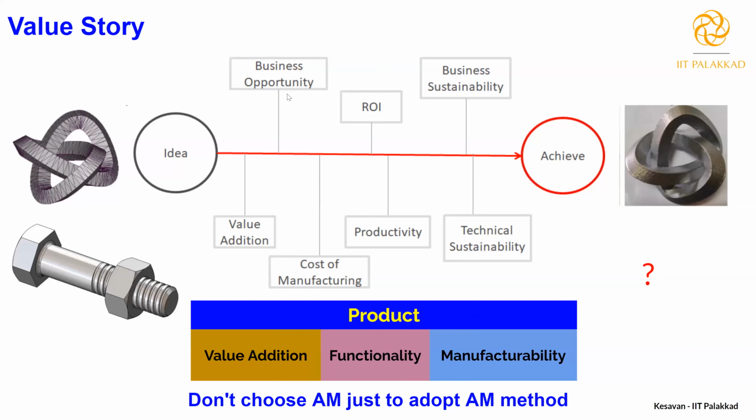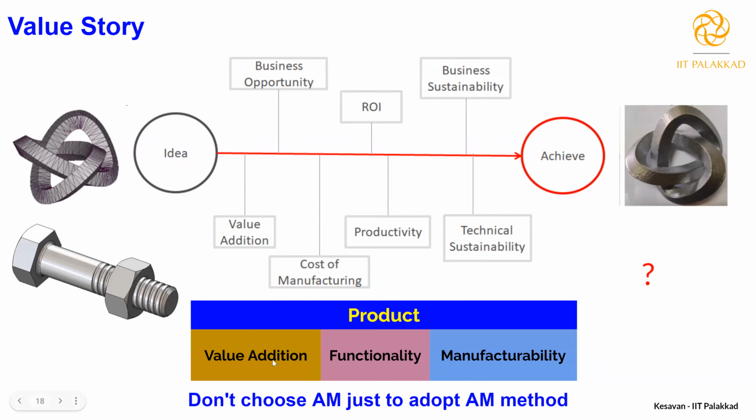If you want to get into business, you need to look at what business opportunity it creates, what ROI, the return on investment, you are going to get, and again, business sustainability. So from both the manufacturing and business points of view, make sure you have answers to these questions. Only then can you switch from the conventional manufacturing process to additive manufacturing.